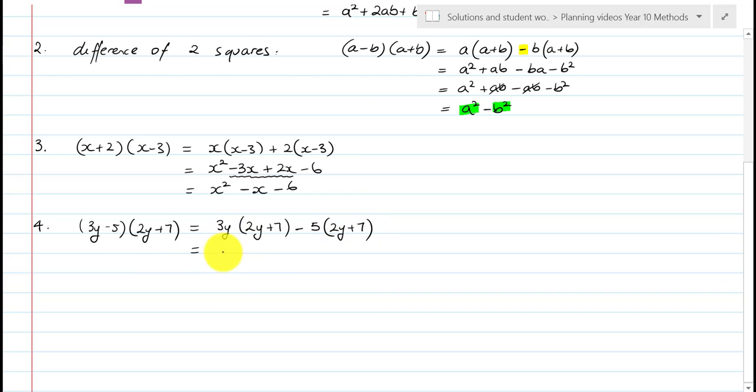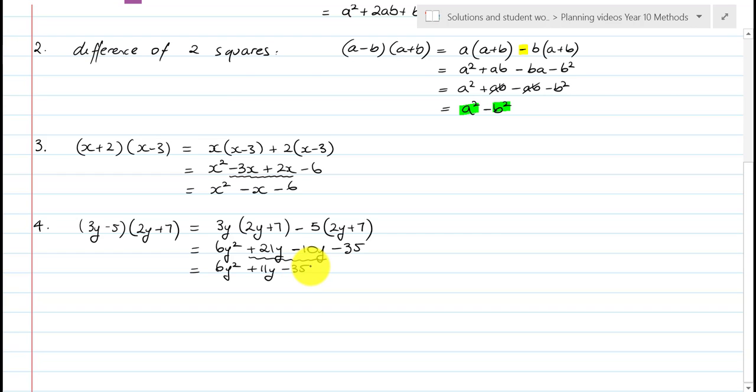And 3y times 2y gives us 6y squared plus 21y minus 10y in the second bracket minus 35. And now I can simplify that to give me 6y squared, 21y negative 10y gives me plus 11y minus 35.